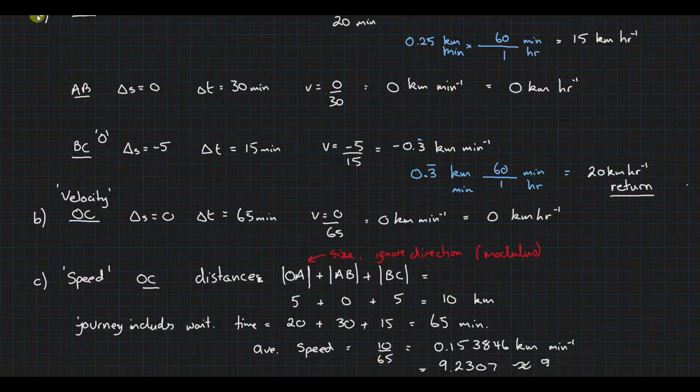So approximately to 3 significant figures, 9.23 kilometres per hour. And that's a sensible size. You may even want to put the 1 in if you want afterwards. So that's where those speeds and distances come from.